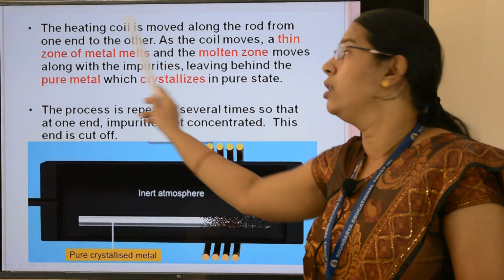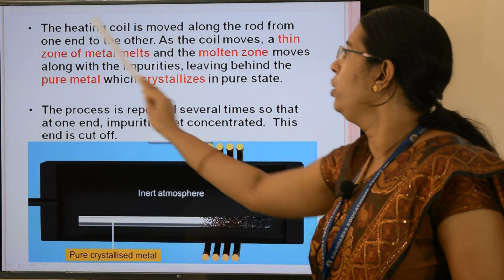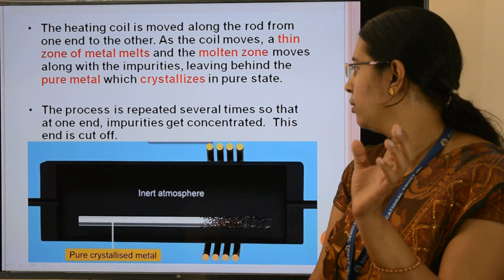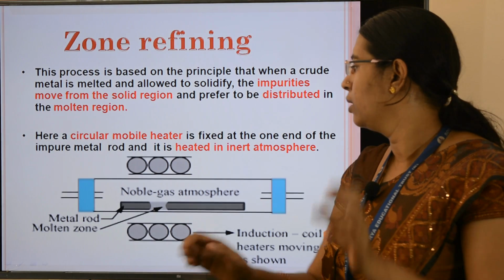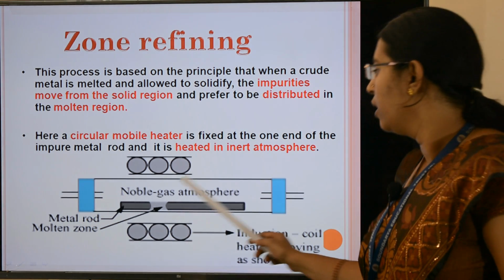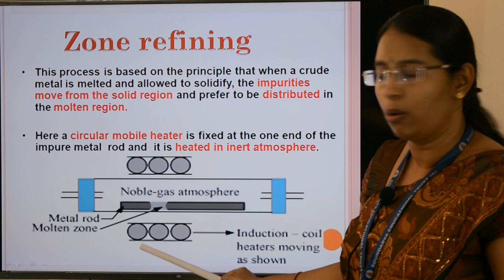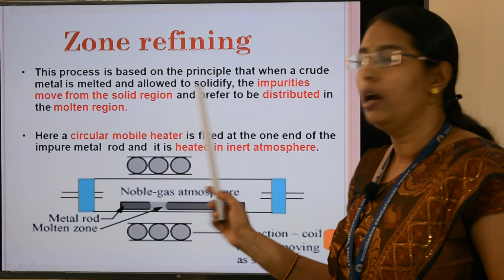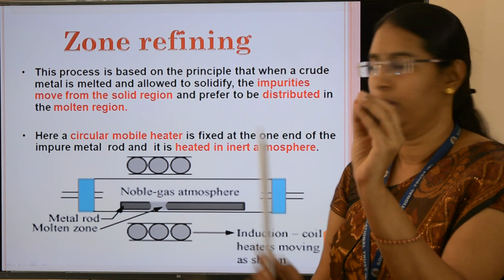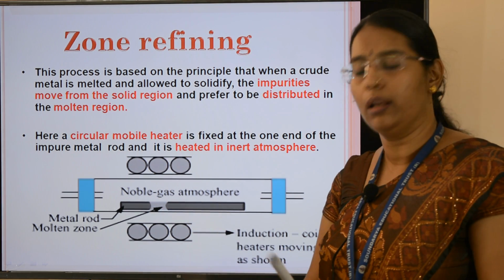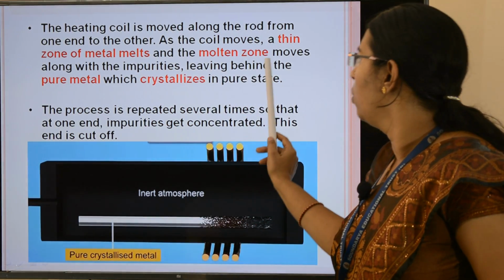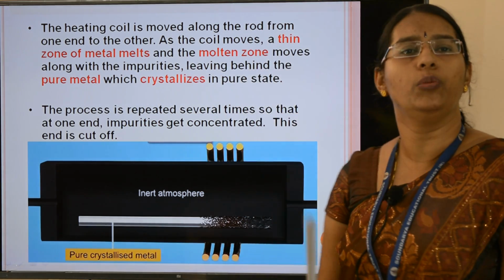When the heating coil is moved from one end to the other end of the rod, where there is the circular heater coil, in that place only a very thin zone of the particular metal melts, and this molten zone moves along with the impurities.